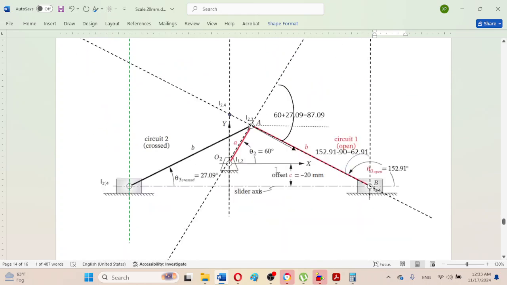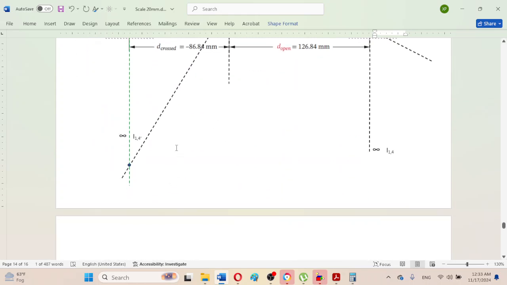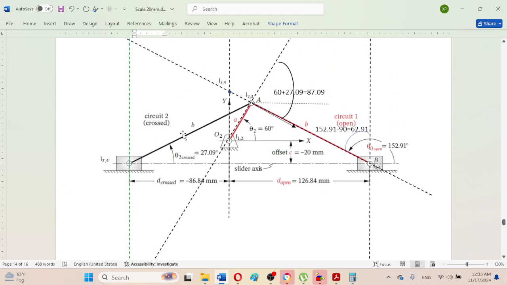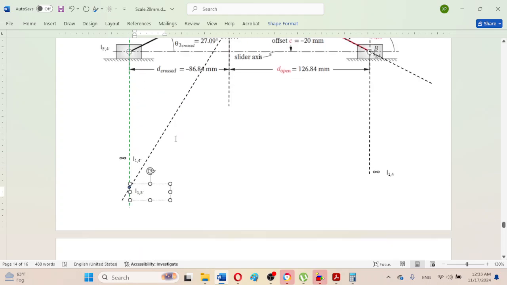For the case of this left hand circuit, this instant center will be I1, 3 dash, because the connecting rod at this position is shown by the dash symbol.